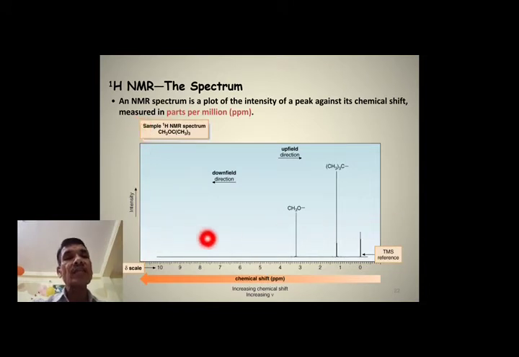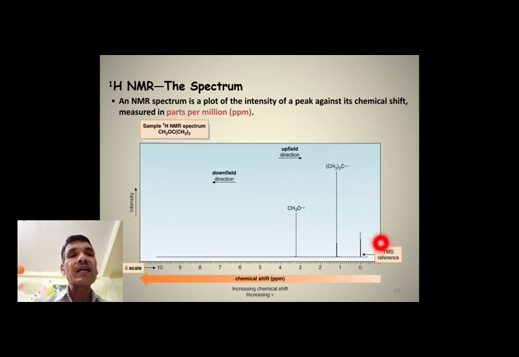Along the x-axis, the chemical shift values are there in delta scale or tau scale. Along this direction, the chemical shift value goes on increasing in ppm in delta scale. So here there is 10 delta, while here it is 0 delta.